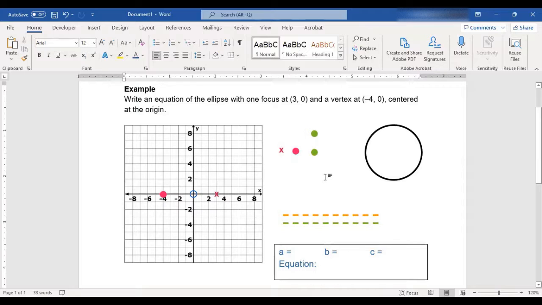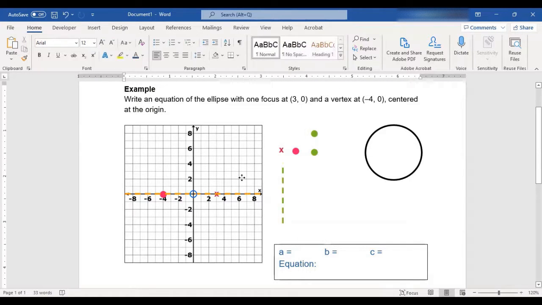So in this information they've told us, they have indicated where the major axis is because the major axis runs through the foci and the vertices. So I'm going to graph my major axis. It's the x-axis here, since it's running through those pieces. And that means the minor axis is the vertical direction.